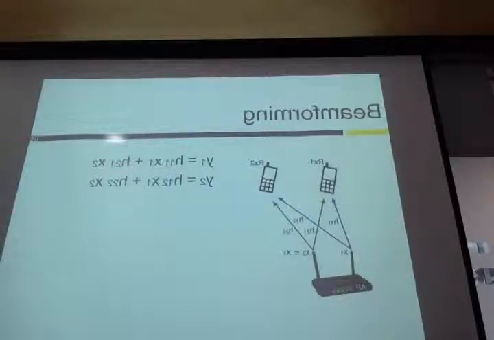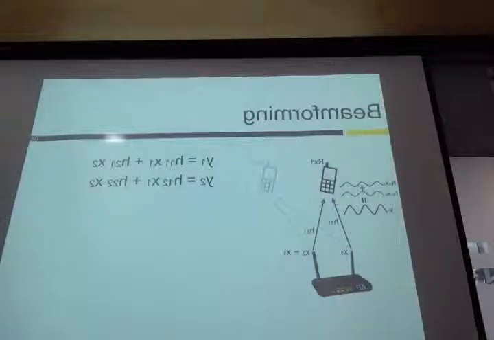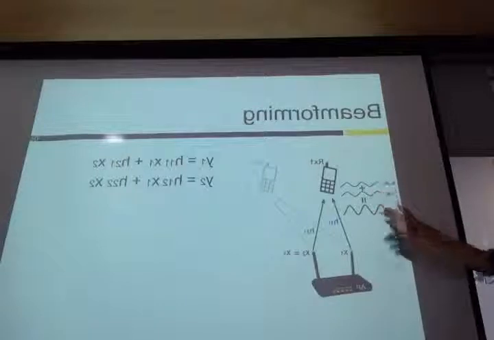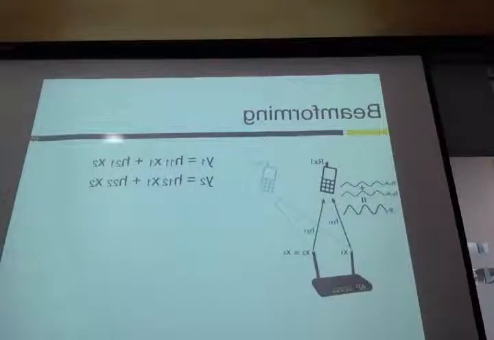That is, the received signal at receiver 1 will be constructive because, as we show in this slide, both of these signals arrive at receiver 1 at the same time, since the distances from receiver 1 to the two antennas are identical. So the received signals have the same phase and the same direction of amplitude. Then the received signal at receiver 1 is a stronger copy of the original signal.